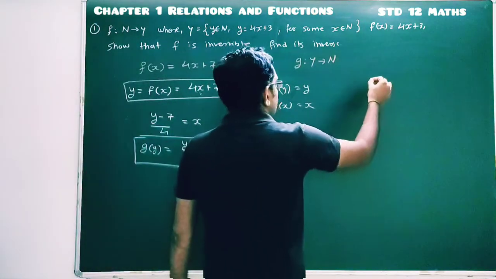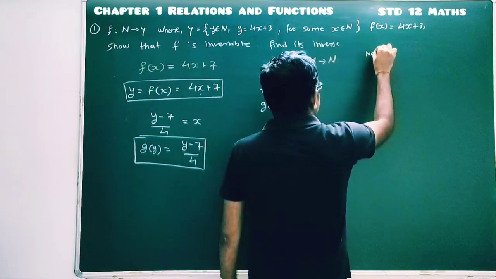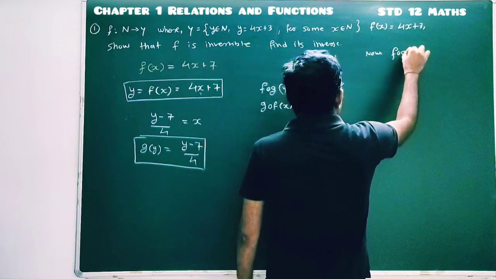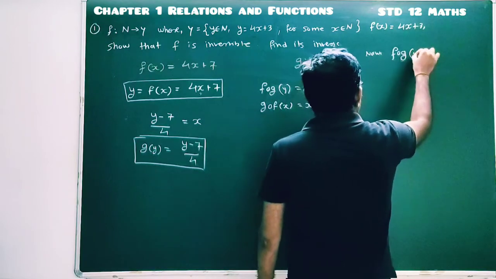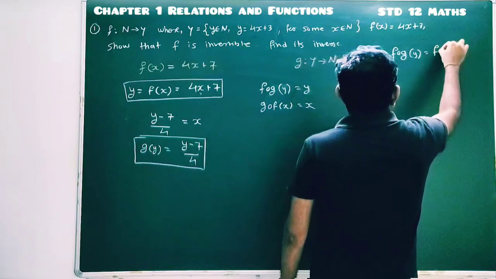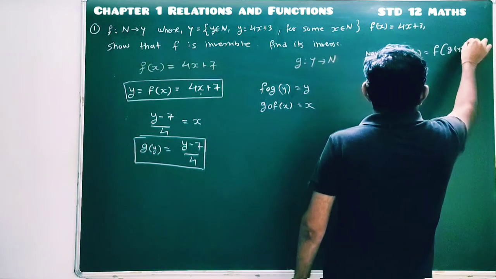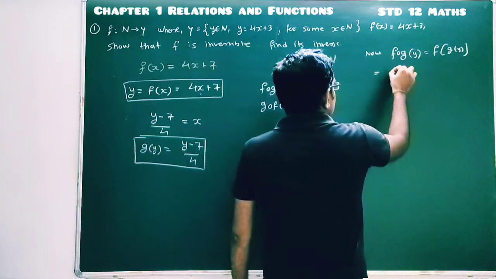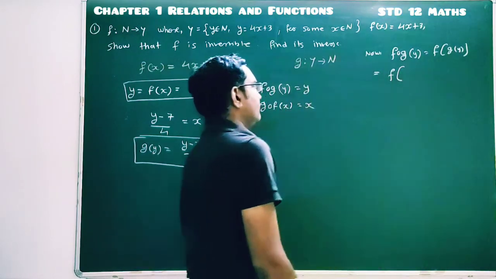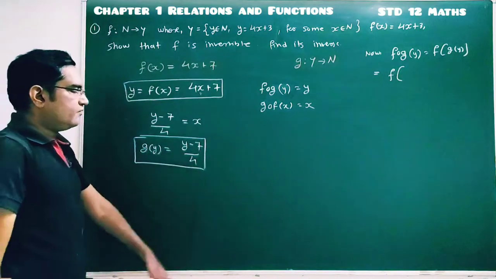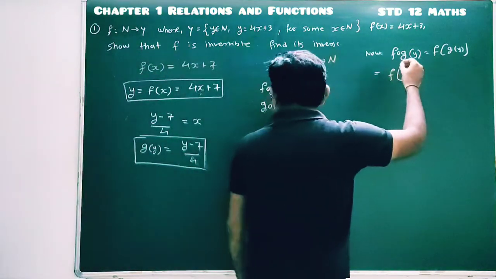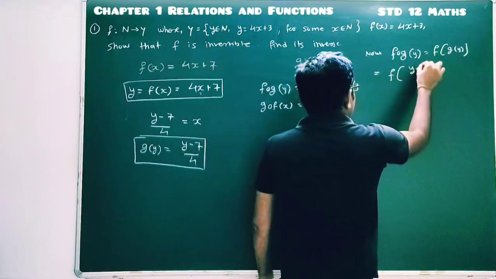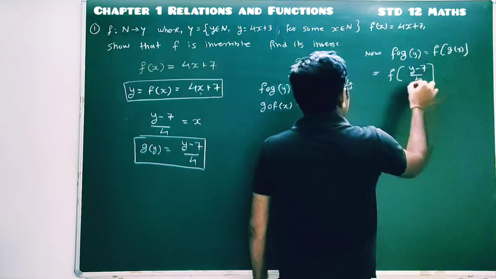So what is it for y? For y equal to f of g of y. Done. So what is f of g of y? Function g of y is nothing but (y minus 7) by 4.